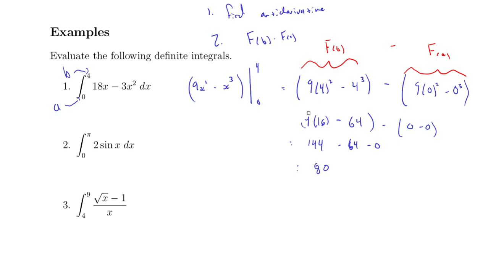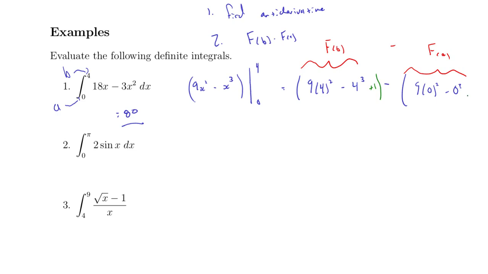I'm going to get rid of all this to save some space, because arithmetic is something we can just crunch through. So this is 80. Now notice that if I wanted, I could add a constant onto these. Let's pretend I put the constant 1 in here.